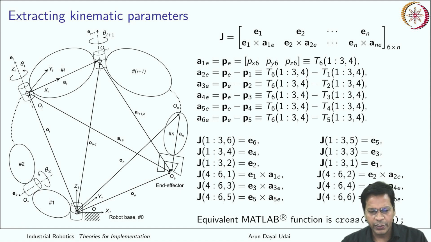And now you already know A1E, A2E, these vectors are known. This was known previously. So now you have to take cross products. What are these? Jacobian, if you remember, has the first 3 and the next 3. The first 3 were E and the next 3 were E cross A1E, A2E, AIE, like that.